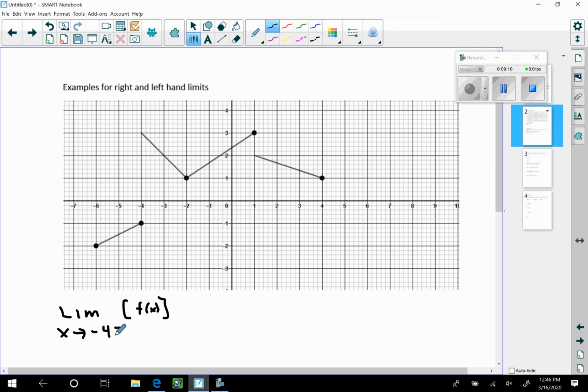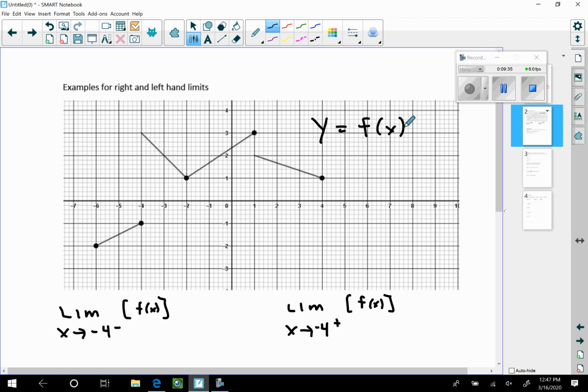This means I'm going to approach -4 from the left, and I'm going to compare that to this limit as x approaches -4 from the right of f of x. And I'm going to make sure that I say, hey, this is the graph of y is equal to f of x. So let's look at those two specific right-hand, left-hand limits.